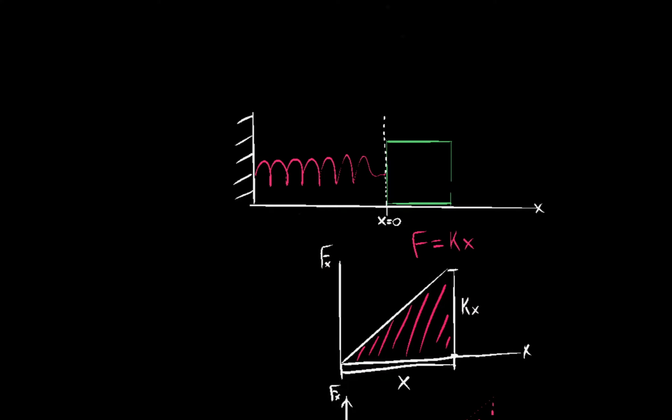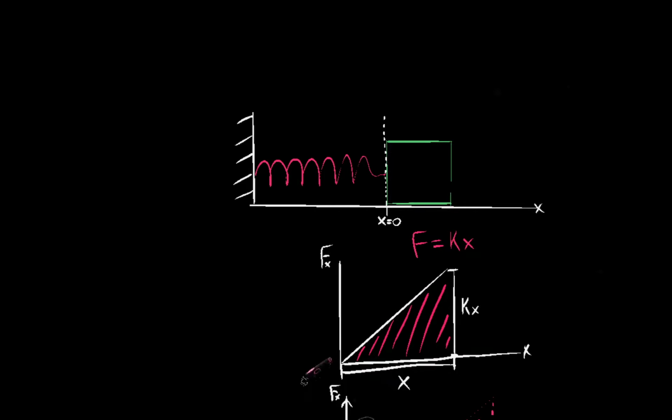So for our spring, as we stretch the spring, it does negative work on the block, because we're pulling the block this way, but the spring is exerting a force on the block that way. It does not want to be stretched, and so it's doing negative work.